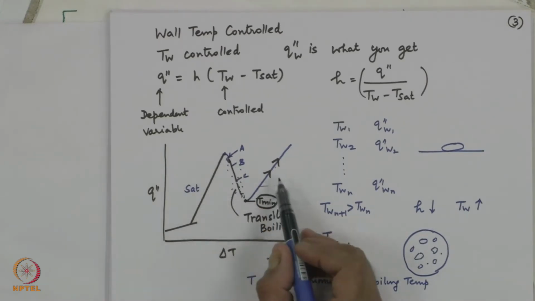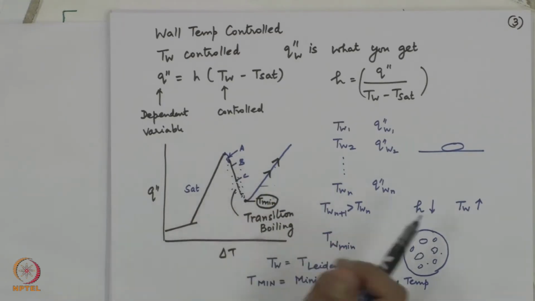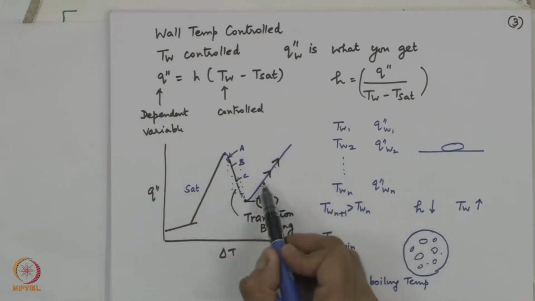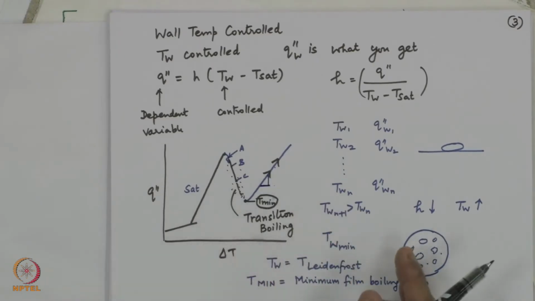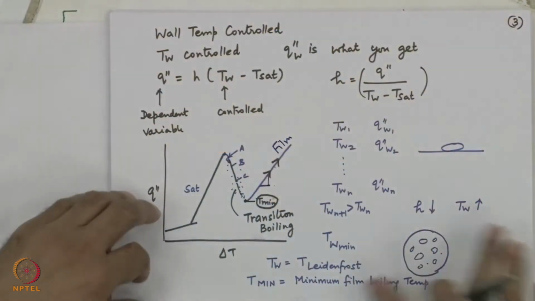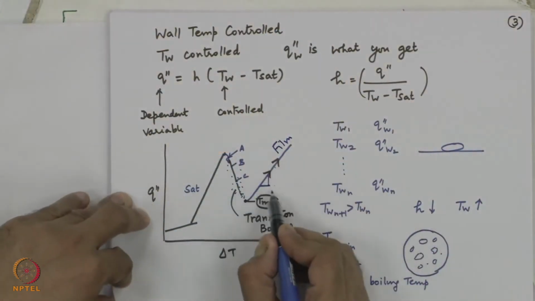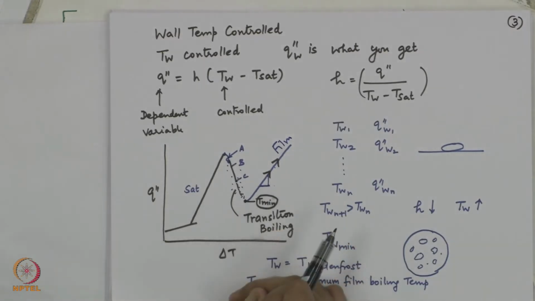In film boiling, what you get is a slope parallel to what you have in nucleate boiling, except that the delta x's are really large because we are in a log-log curve. This region is called film boiling. What happens here is that for a small increase in wall temperature, remember you are talking of temperatures of the order of a few hundreds or even thousands of degrees.